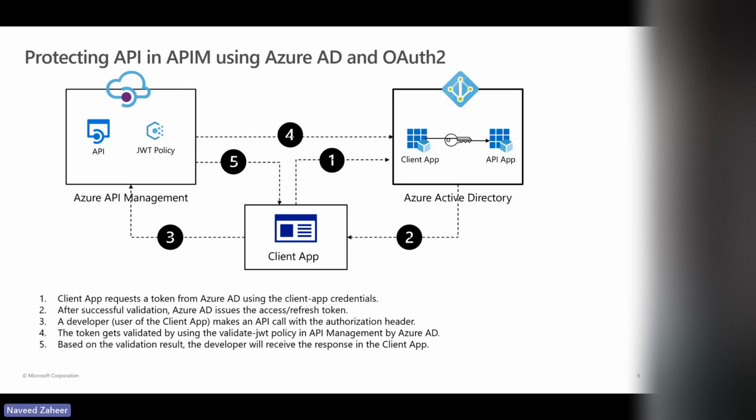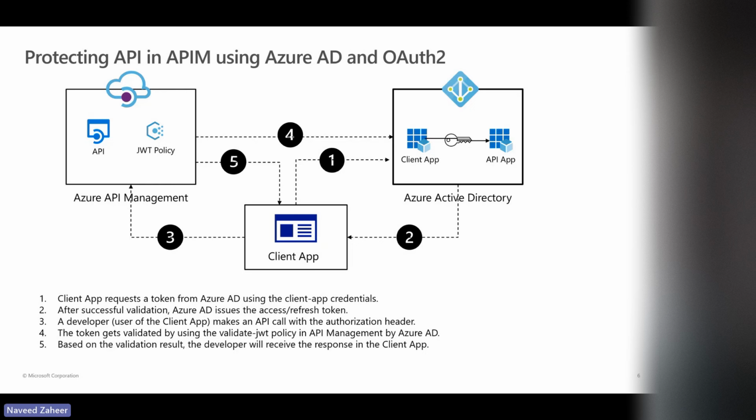Okay. So that's that. Once you get that token, the next thing you do is you call the API with this token. Once it goes to API management, it will go back and check with Azure Active Directory, saying, I got this token, validate it. And how it is validated is through a JWT policy.